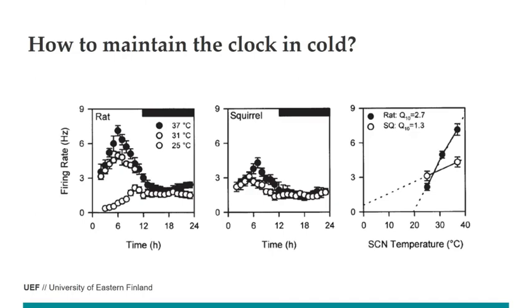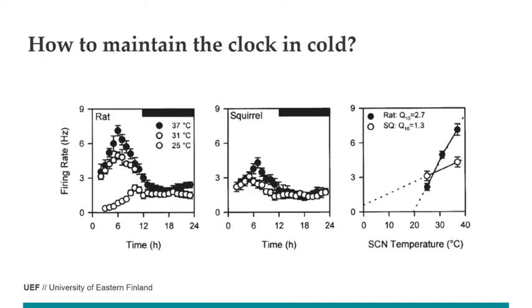So when comparing a rat and a squirrel that is hibernating, they have completely different firing rates in the suprachiasmatic nucleus neurons, and usually in mammals the firing rate is decreased drastically when the temperature is reduced. But the squirrel that is hibernating must be able to maintain the suprachiasmatic nucleus.